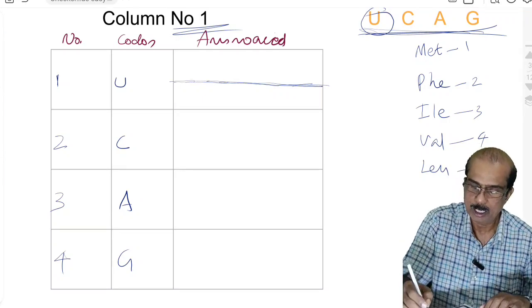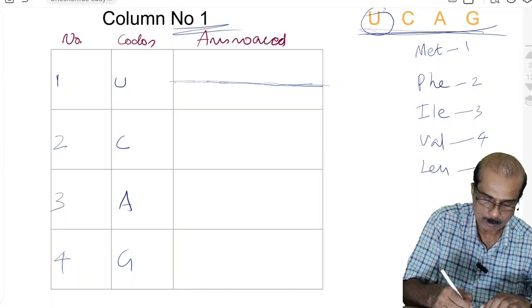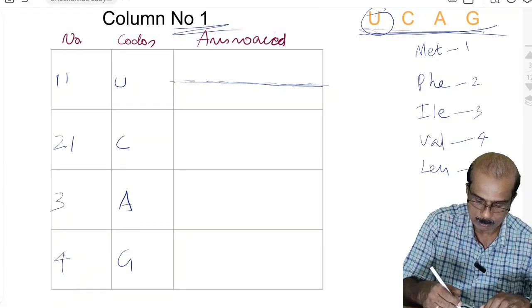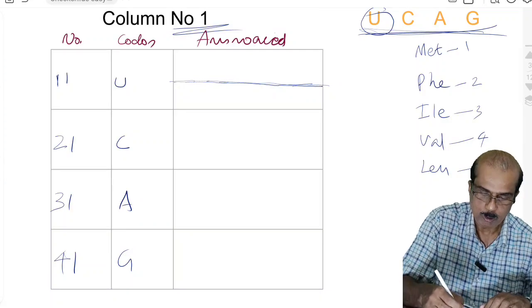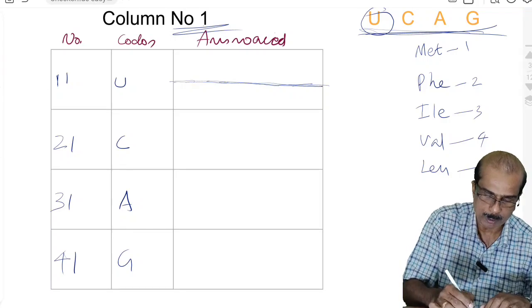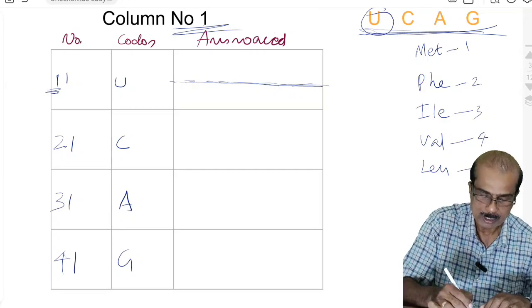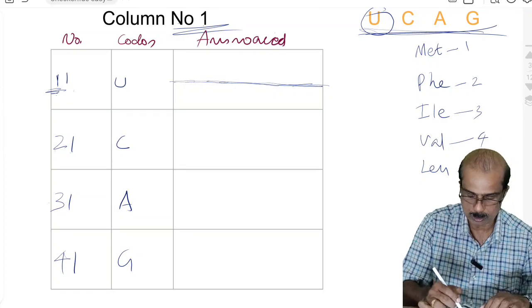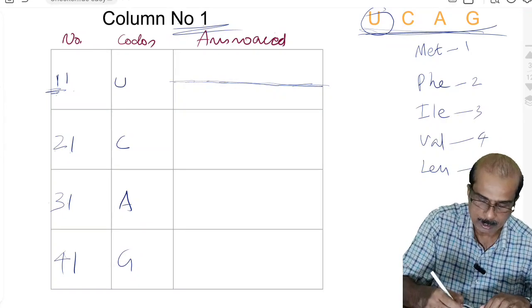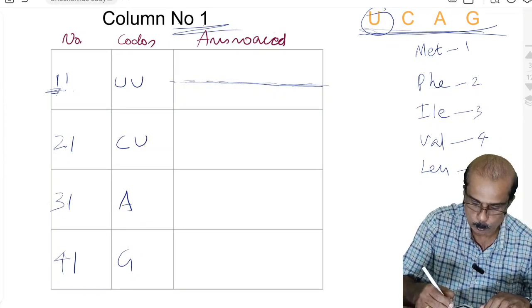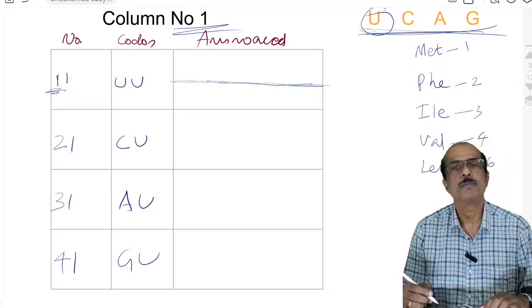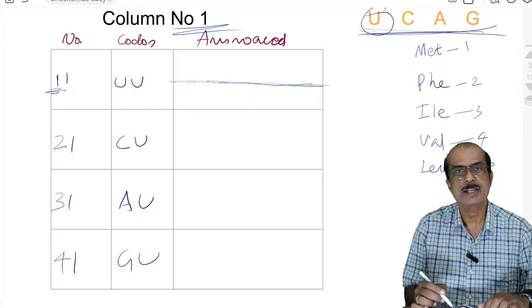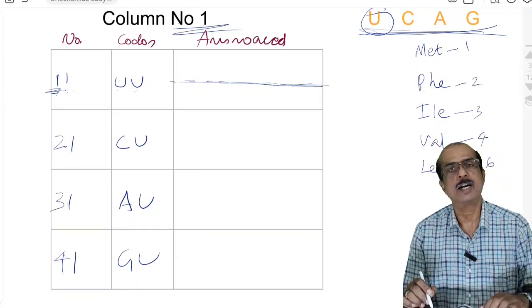The second number is 1. The first number is the row number and the second number is the column number. Here 1, 1; 2, 1; 3, 1; and 4, 1. And here, U, U, U. Two nitrogen bases means two digits.